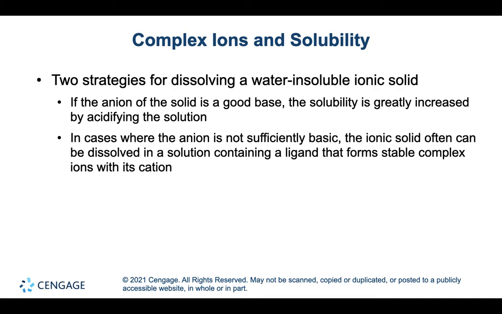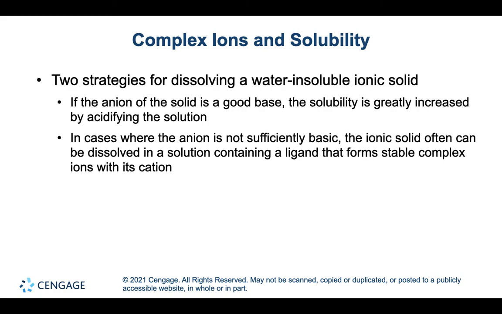Remember, our first strategy was from our acid-base chapter, or actually 15.1, I think, for Ksp. Back in 15.1 we talked about that if your anion from your solid is a good base, you can actually dissolve it by acidifying the solution.